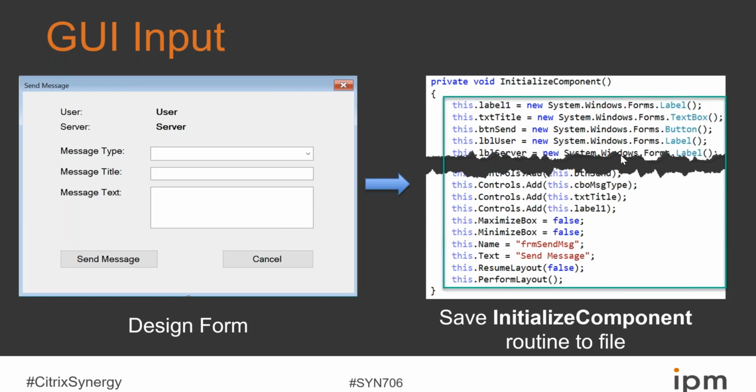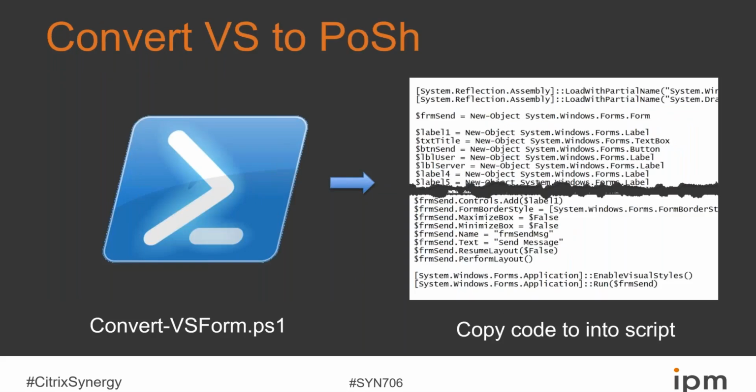Then all you need to do is simply take the output of the entire initialize component routine and save it to a file. Once you do that, I created a PowerShell routine called convert Visual Studio form, convert VS form, which will basically take that output from Visual Studio and remove anything that PowerShell will choke on.